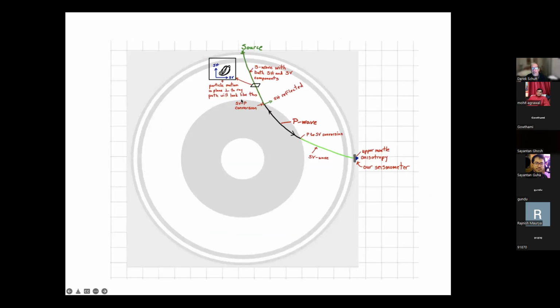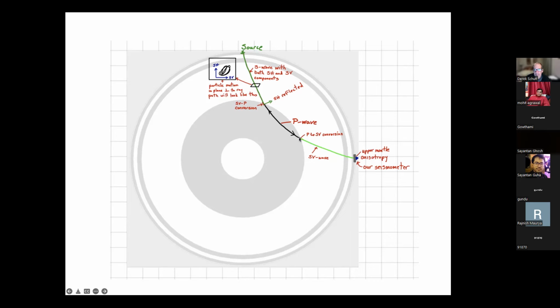So here I've just drawn out what we see. We have a source. This is an S wave with both SH and SV components. The particle motion in a plane perpendicular to the ray path will have both SH and SV energy. Then at the core mantle boundary, the SH will be reflected and the SV energy will convert to a P wave.